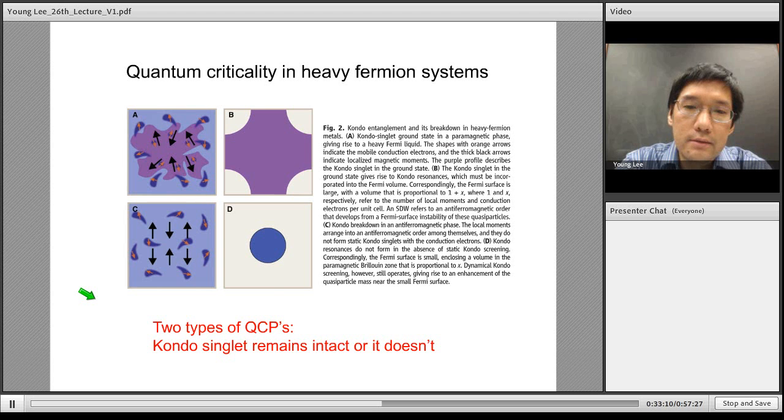So these f electron ions have a magnetic moment, but they can be screened by the conduction electrons if you have a strong enough hybridization. And this is related to the Kondo effect. So you can get a Kondo singlet-like ground state between the f electrons and the conduction electrons.